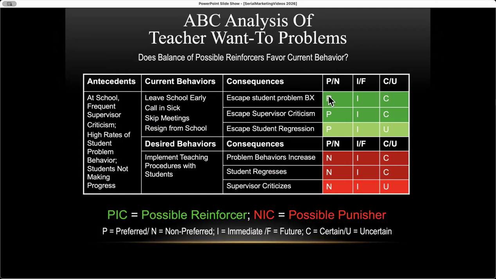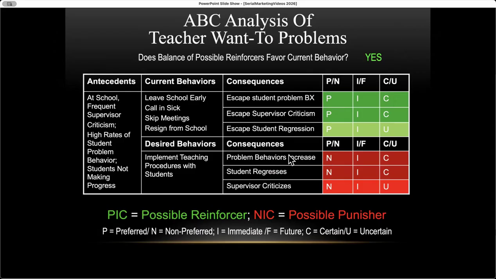And when we classify those consequences, they can be classified as preferred, not preferred, based on the observed preferences of teacher behavior, immediate, future, and certain and uncertain. When we have a consequence that is preferred, immediate, and certain, that's likely to be a possible reinforcer.